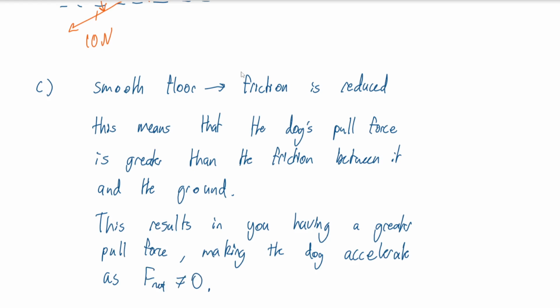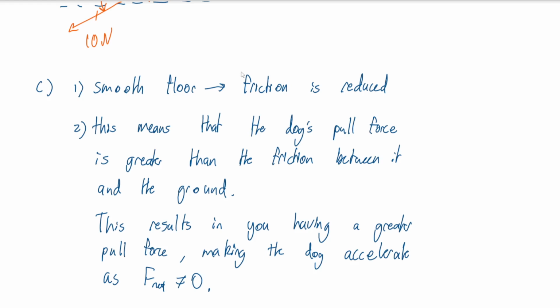Yep. So first point was acknowledging that a smooth floor means that there is less friction available. Part 2 is linking that to the dog's pull force. So when you pull on something, you need to be firmly planted on the ground, and the ground is then resisting how much you pull.